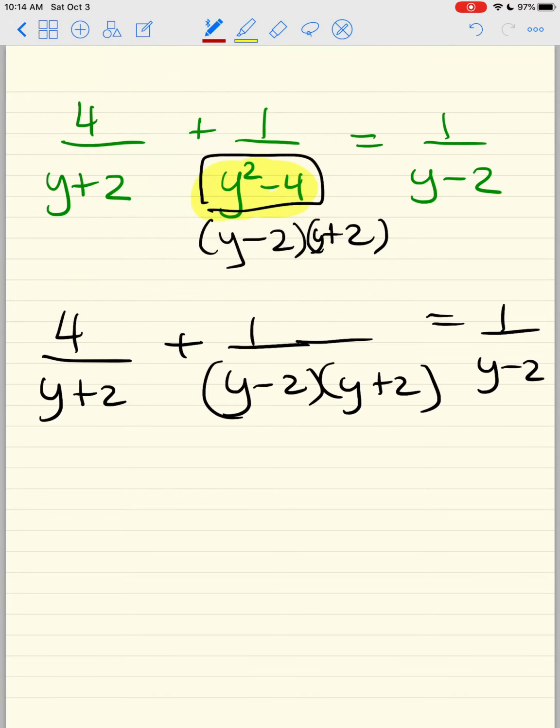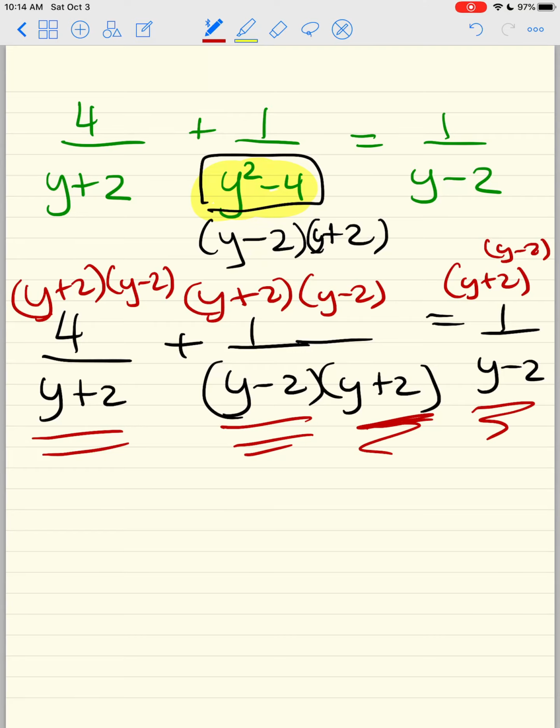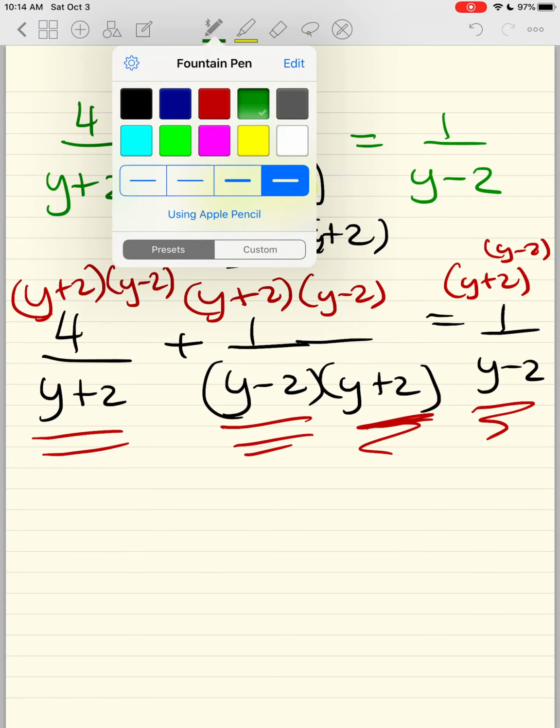Okay, and now all you gotta do is put each piece on top of everyone. So we're gonna put a y plus 2 on top of everyone. You're gonna put a y minus 2 on top of everyone. Okay, and that's it. You're basically done because you already have a y plus 2 and you already have a y minus 2. So let's start canceling stuff out. Ready?